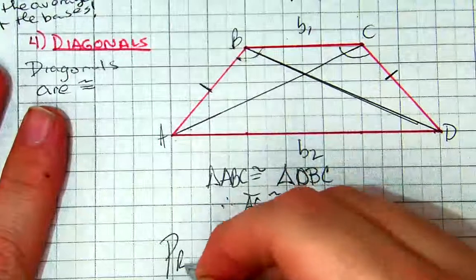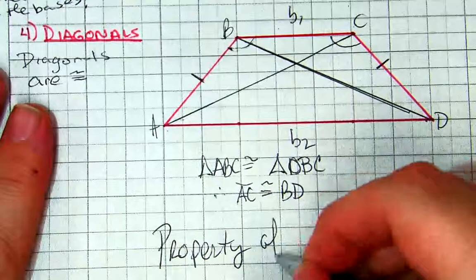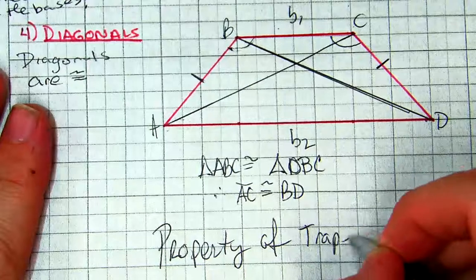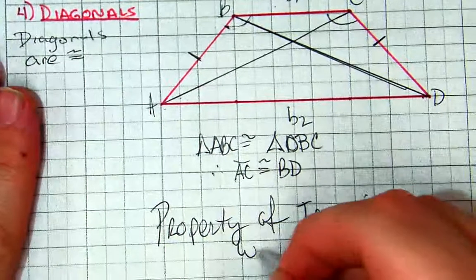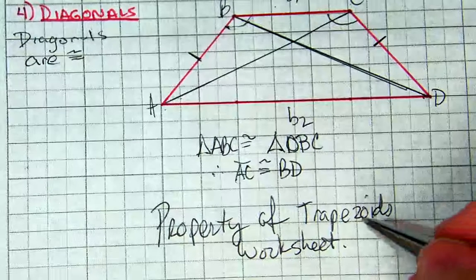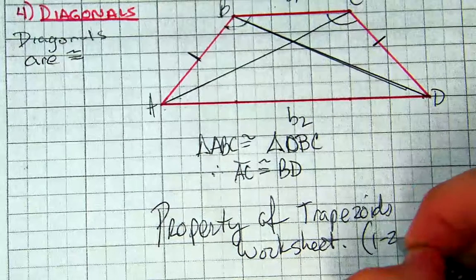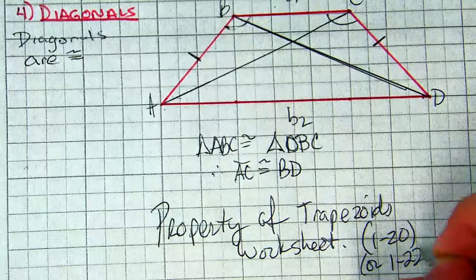So your homework is the properties of trapezoids worksheet. I don't have it in front of me, but it's either 1 through 20 or 1 through 22.